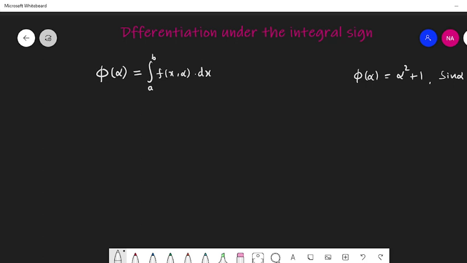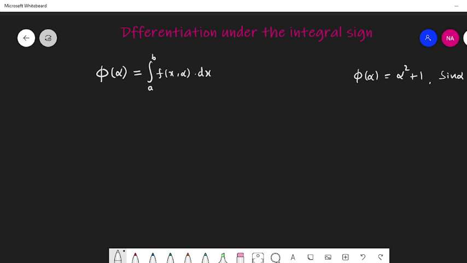But phi of alpha equal to integral a to b f of x comma alpha dx, here the function is defined with the integral sign. Then how to find the derivative in such cases? So that is a very important method in mathematics.